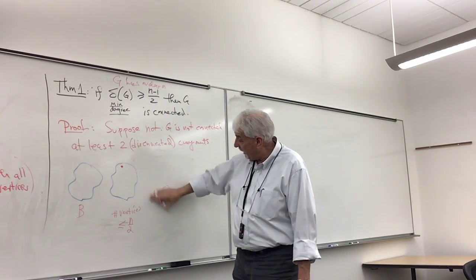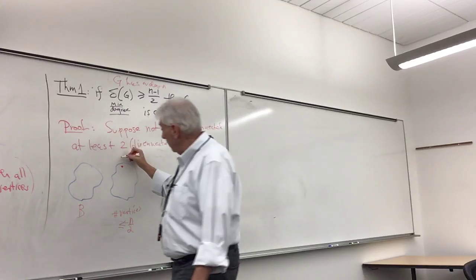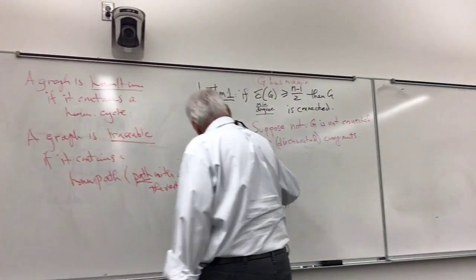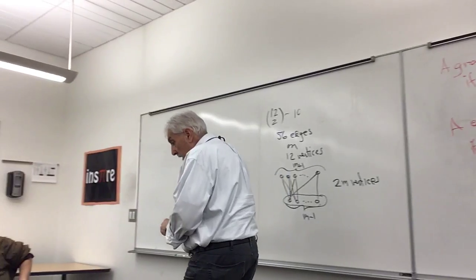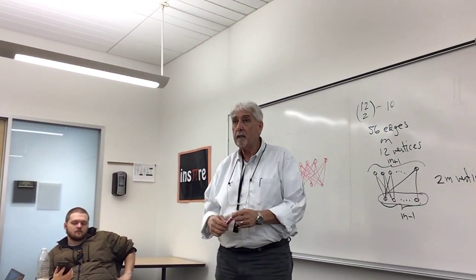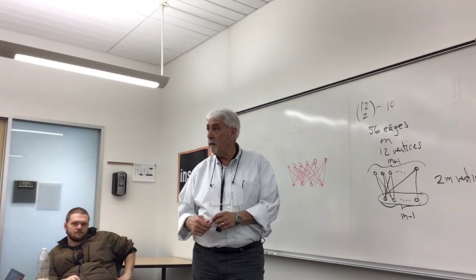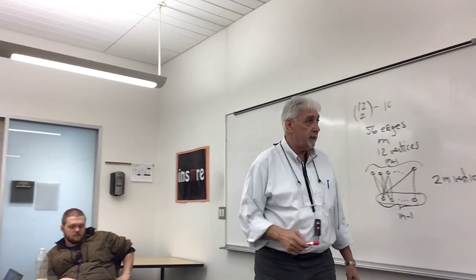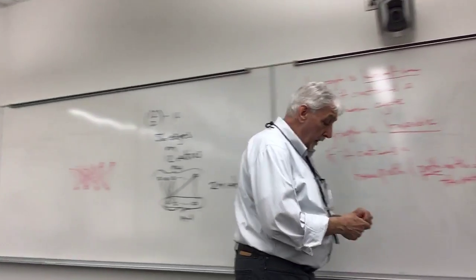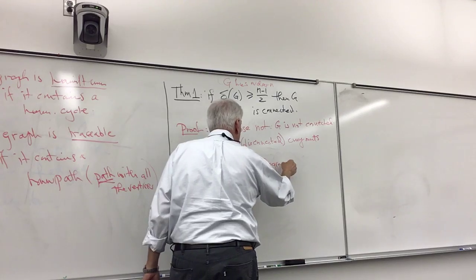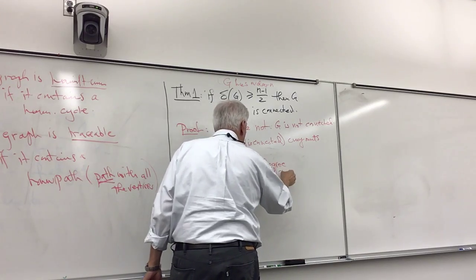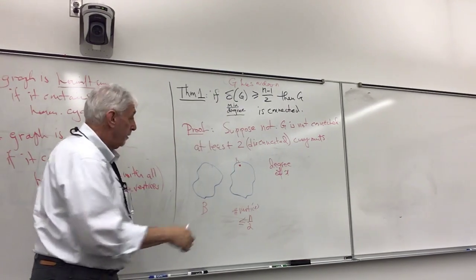So I'm going to choose a vertex x. This blue blob has at most n/2 vertices in there. It could have fewer, but it has at most n/2 vertices. What can you tell me about the degree of x? This is x right here.